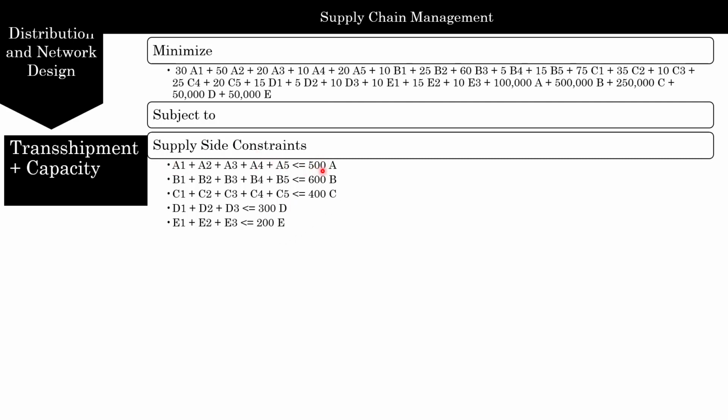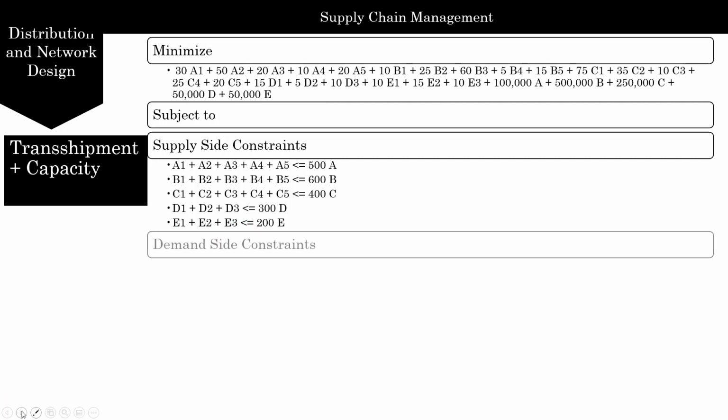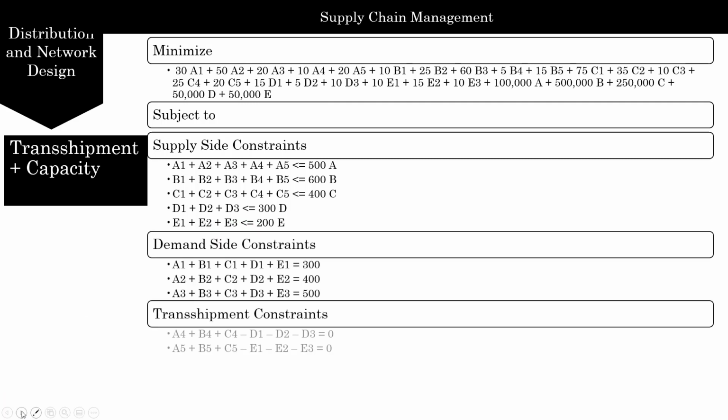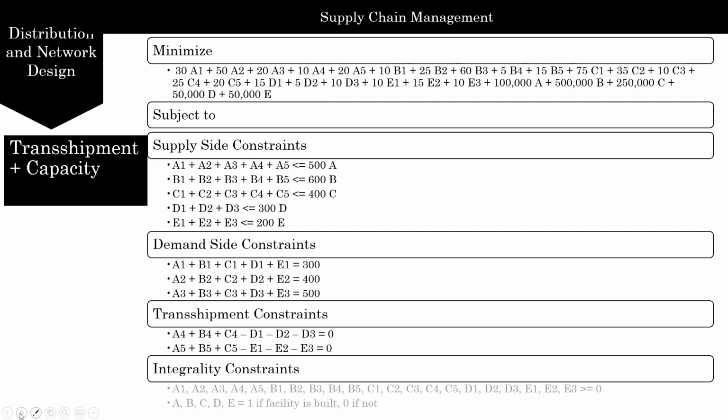Therefore, the capacity is 500 and you multiply it by A. If A is 1, then you can send up to 500 units. If A is 0, you cannot send any units out of A. Similarly, in warehouse, if E is 0, then E1 plus E2 plus E3 is less than or equal to 0, and therefore it doesn't send any units. And the rest of the constraints are pretty much the same.